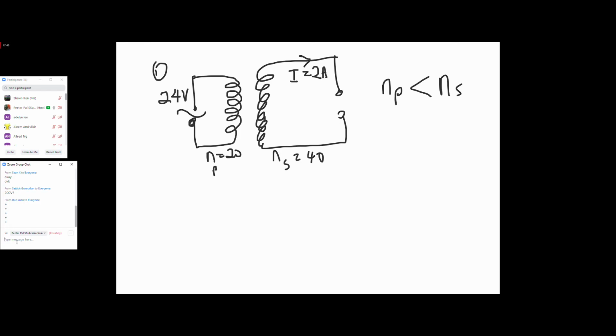Can you find for me the primary current or not? This is the secondary current, and we call this an ideal transformer.